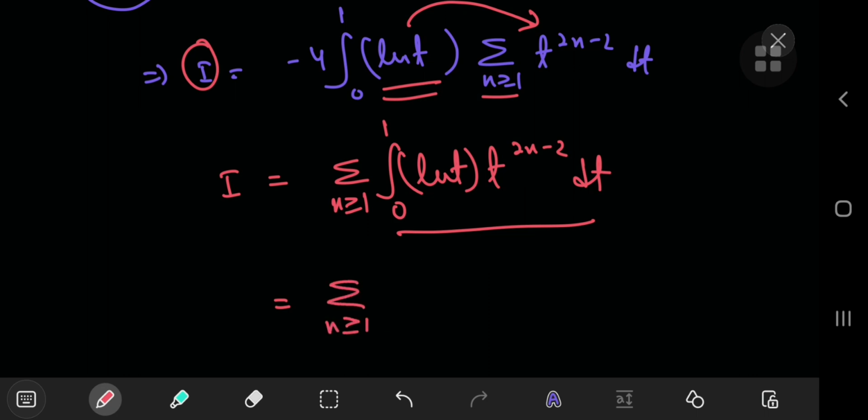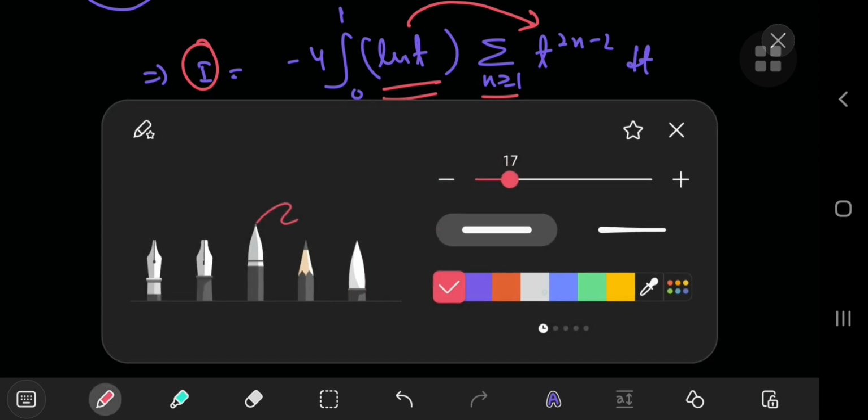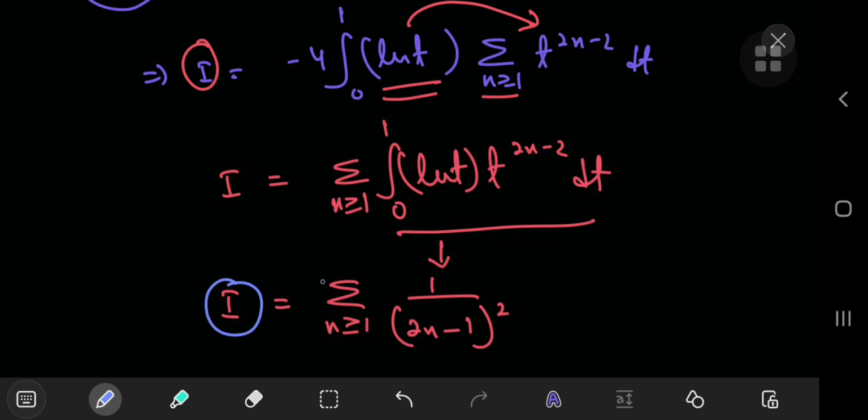Once we perform integration by parts, we'll get 1 by 2n minus 1 squared, and you can verify that. It's a very easy calculation. So we have reduced our integration problem to an infinite series problem, and we know the value of this integral, so we know where this series converges.